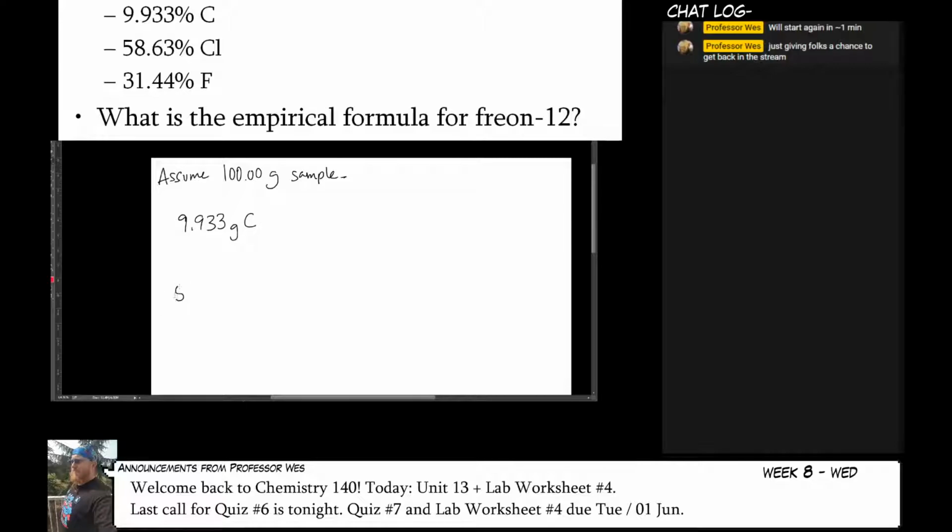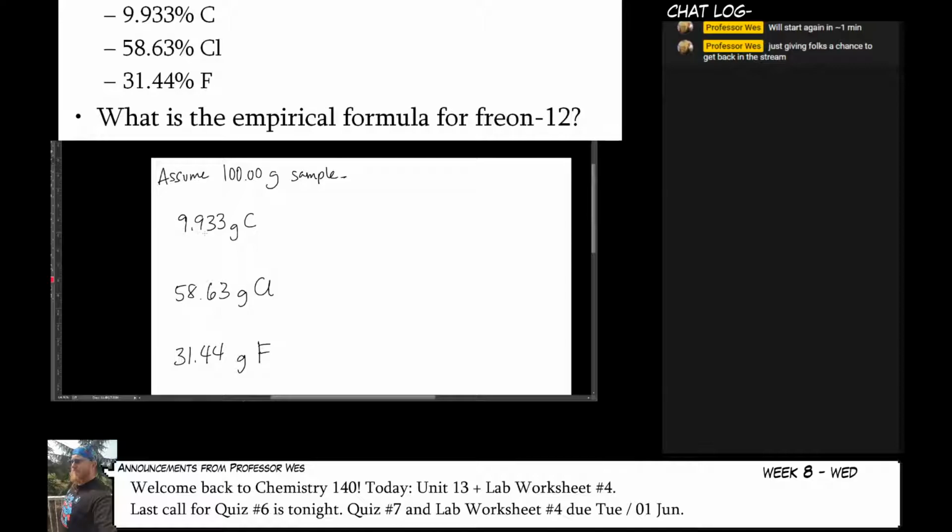And I can do that for all of the elements because it's exactly 100 grams. Okay. So that was step 1. There you go. Easy as that.